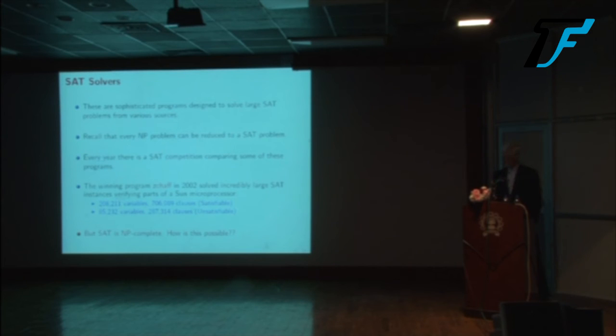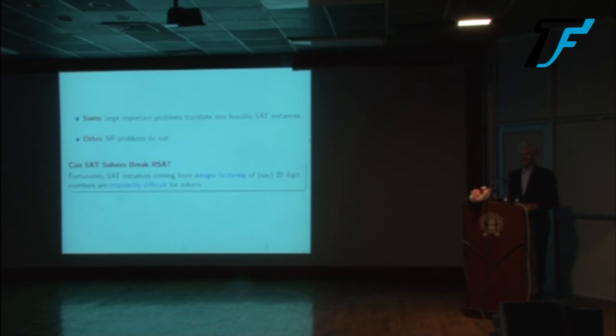So then you wonder, SAT is supposed to be complete. How come these things can be so successful? And the answer is, well, they don't always work. And fortunately for RSA, as far as we know, you can't break cryptographic systems by reducing the problem to satisfiability.